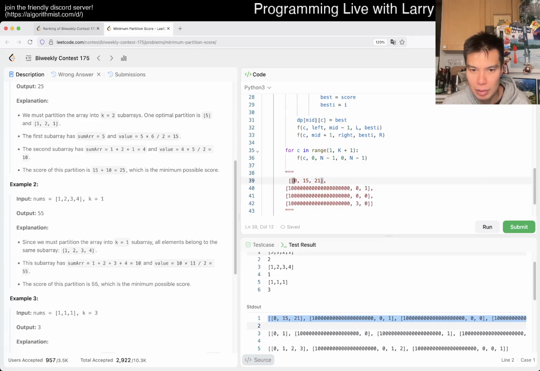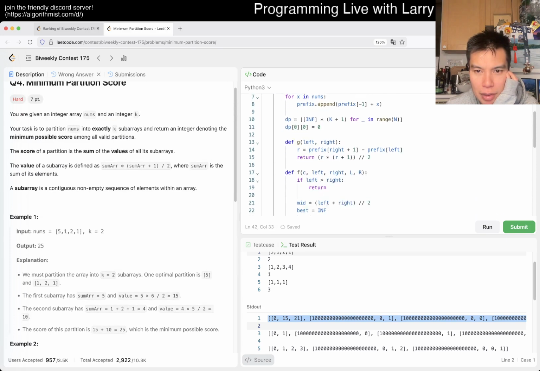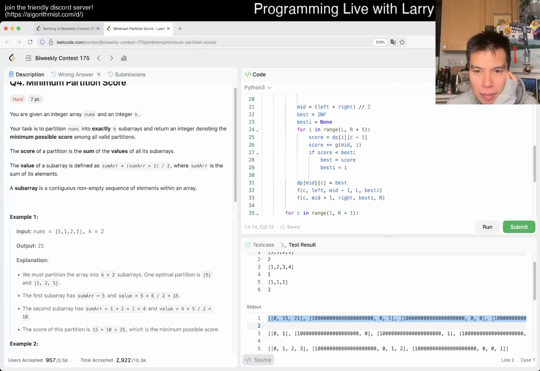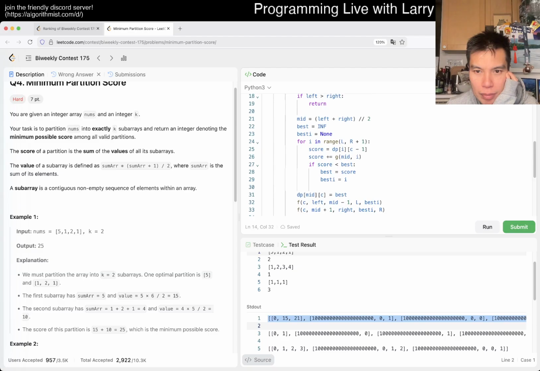Okay, so the first row is for 0, then 15, 0, 0, 3 doesn't really make sense. Did I mess up something? Is this right? I feel like there should be a delta in here.